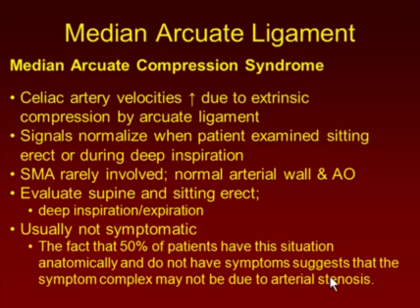The SMA is almost never involved with this syndrome, and patients usually have a normal arterial wall and aorta. So we want to evaluate these patients both in the supine and sitting position, and if you can normalize the waveform and velocity, then it's not due to intraluminal problems, it's due to extraluminal compression by this median arcuate ligament.